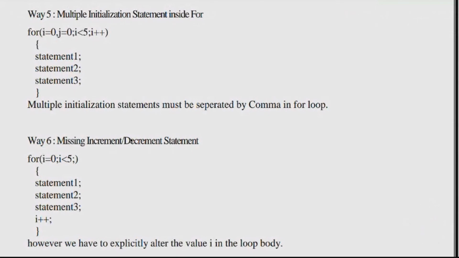If I put a semicolon, it won't be treated as multiple initialization. So for i equals 0, comma, j equals 0, comma, k equals 0, I can write any number of things: i, j, k, l, m, n. So I can write them by putting commas. If I put a semicolon, it will be different because the syntax is different.